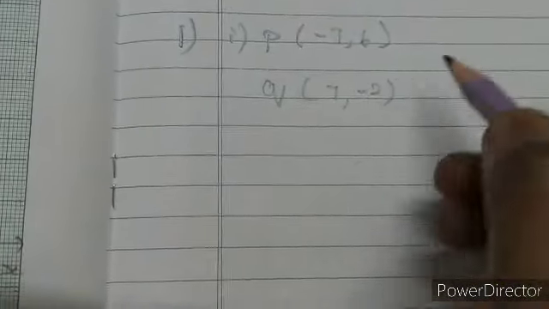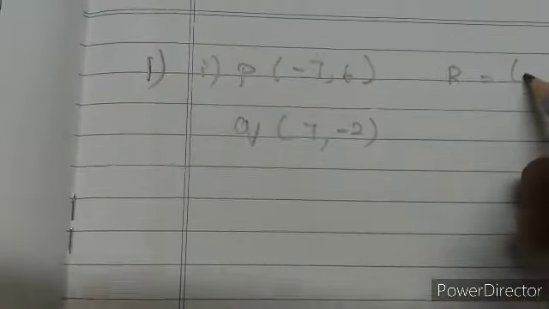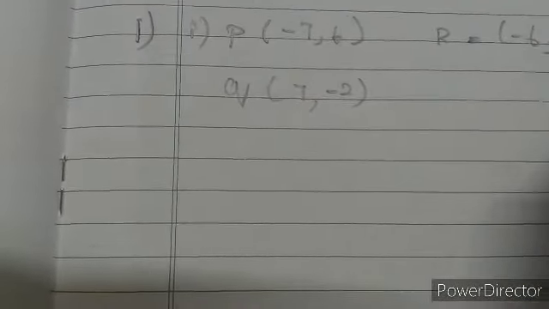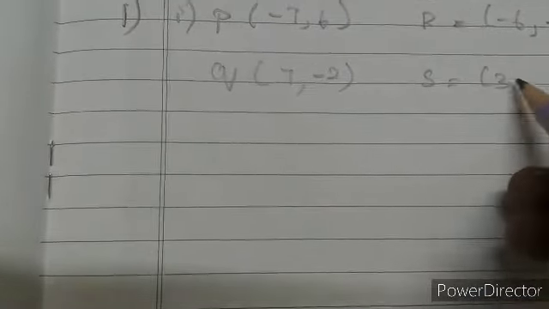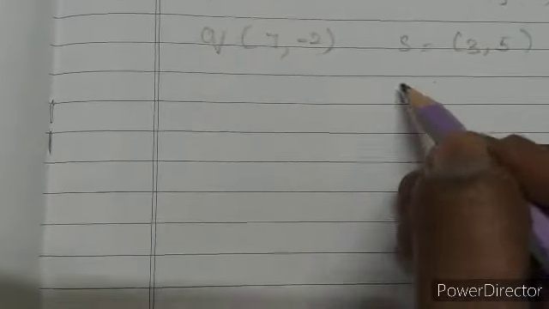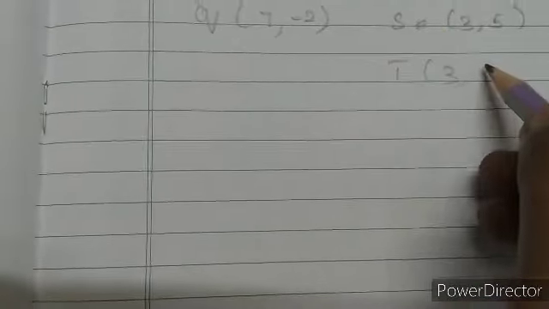In the given question, question number 1, subdivision 1, P is minus 7 comma 6, Q is 7 comma minus 2, R is minus 6 comma minus 7, S is 3 comma 5, and T is 3 comma 9. Okay, now let's try to plot the points.